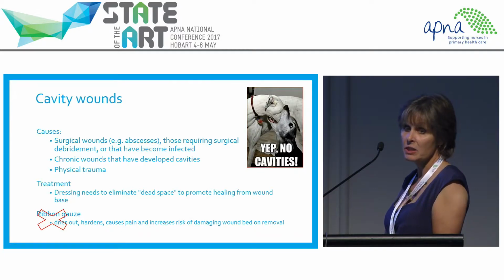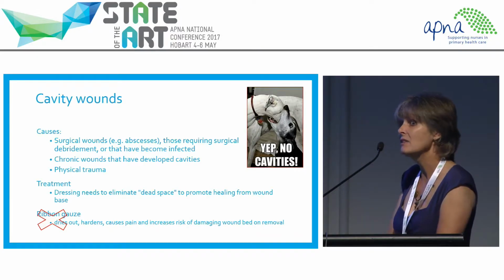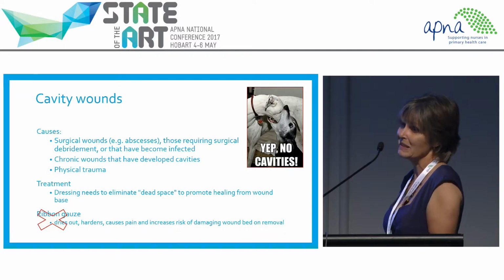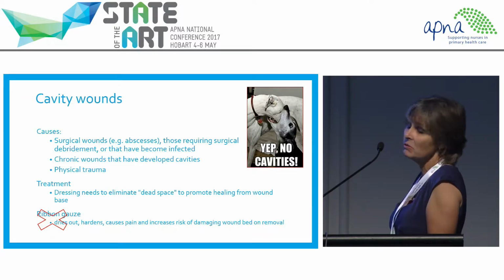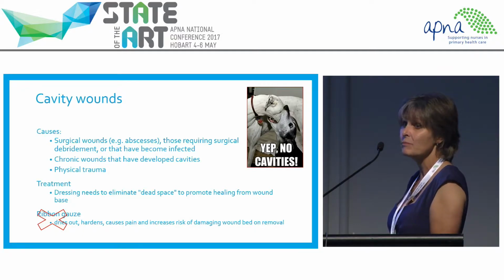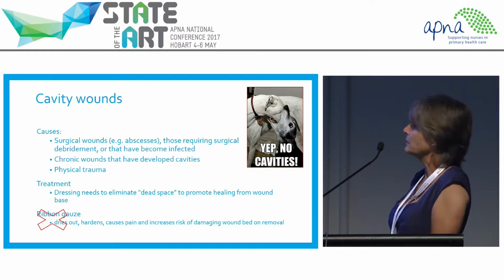So offer them an alternative, and generally they will say, yep, that's fine. I don't really care. Just heal the wound for me. So long as you give them an alternative, and you can use a hydrofiber, you can use an alginate or whatever dressing you have that will fill that cavity and provide a nice moist wound environment, and also absorb the wound fluid.